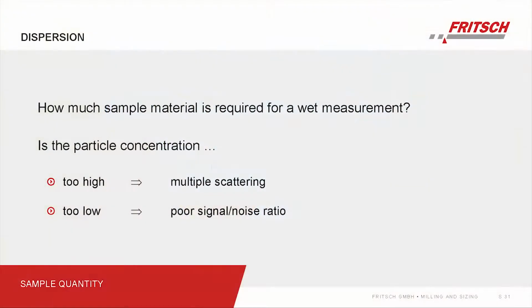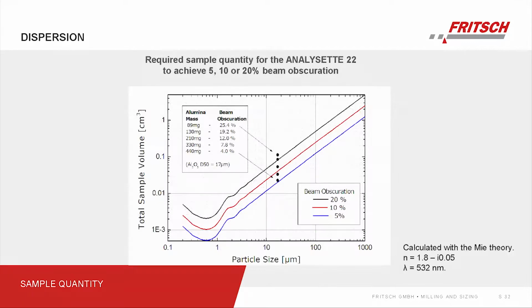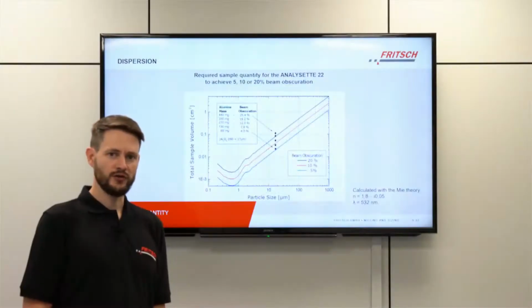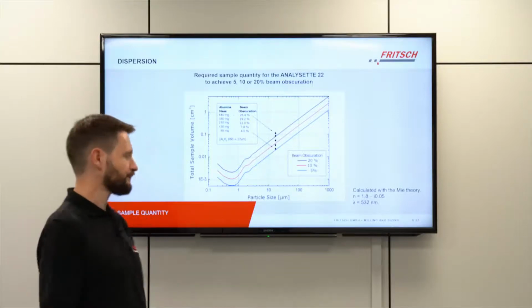The parameter we use to determine the concentration of our sample material within the wet dispersion is the so-called beam obscuration. The beam obscuration is basically the percentage of laser light which is diffracted away from its original path and thus has a direct relation to the sample volume within the dispersion.